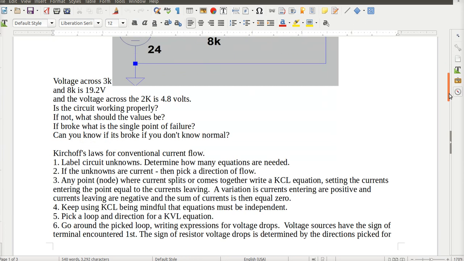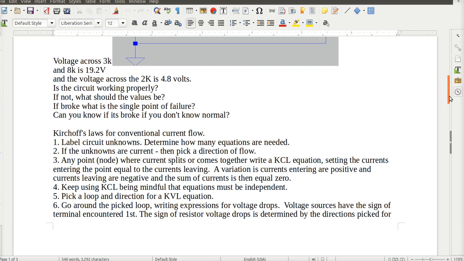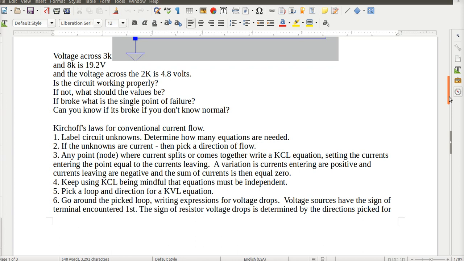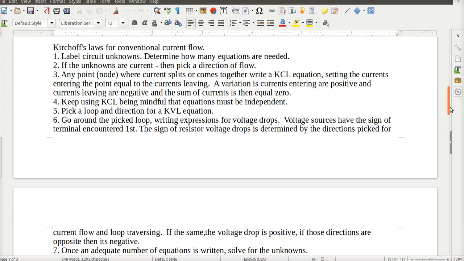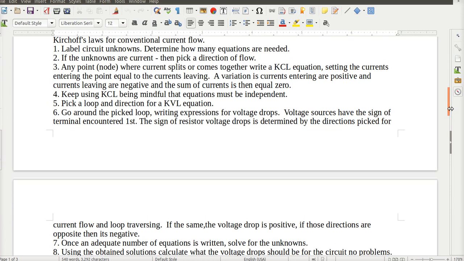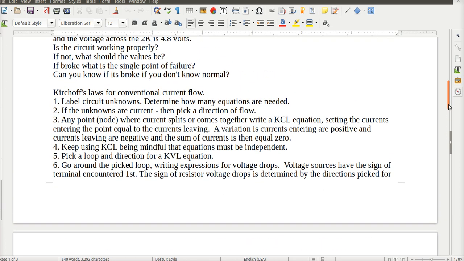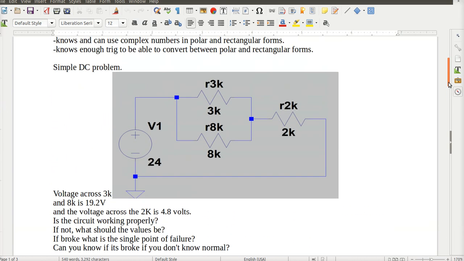Now I have Kirchhoff's laws for conventional flow, and I put them in there. The key to Kirchhoff's laws for circuit analysis and solving by hand is to be consistent. I'm a conventional flow person, and there are electron flow people. They have their own rules, but the key is that once you start going around the circuit, you are consistent.